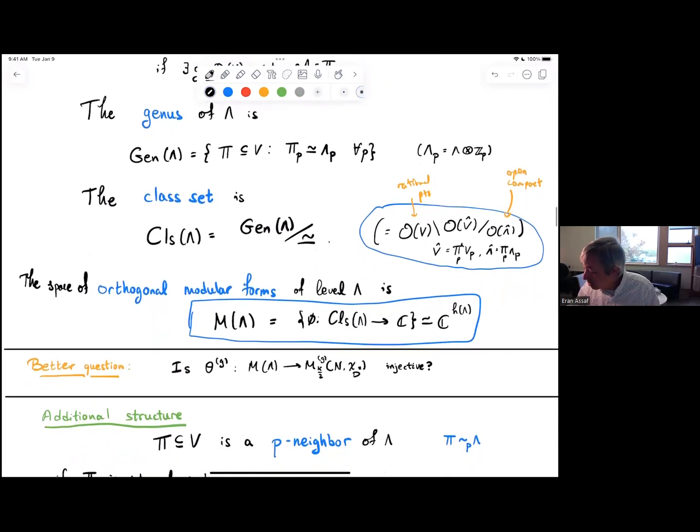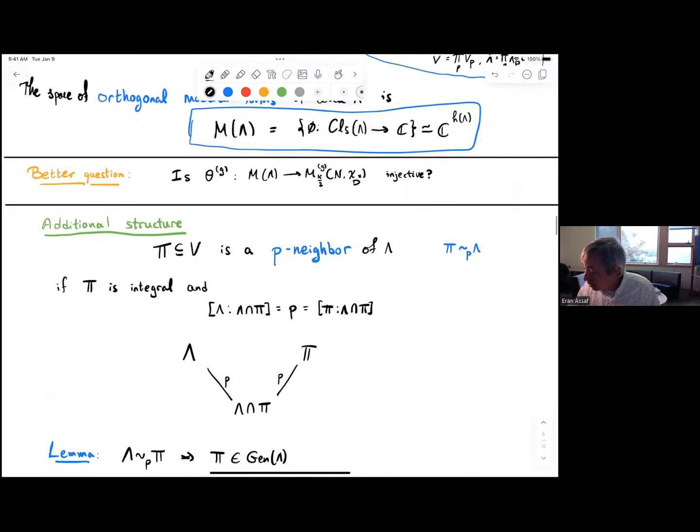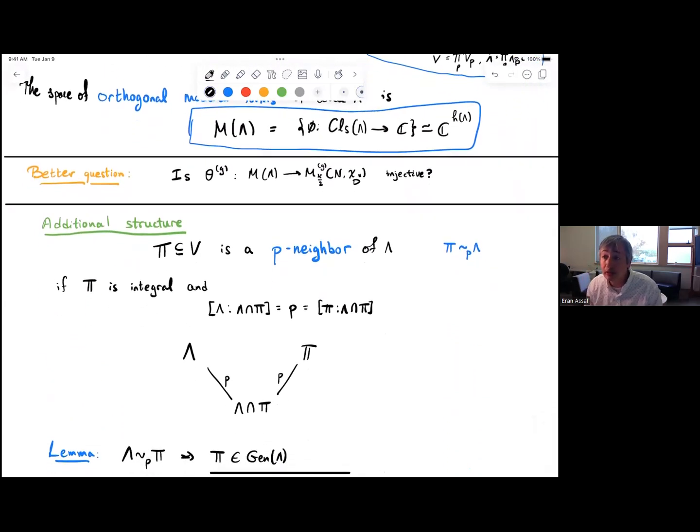So what is the additional structure? Here I come to a very old construction of Kneser from the 50s called p-neighbors. If we have a lattice in our vector space, we say that it's a p-neighbor of our original lattice lambda, and I'll denote it by lambda tilde p, if it is integral and the index of the intersection in each of the lattices is p.